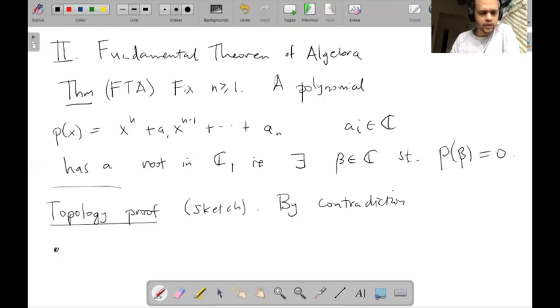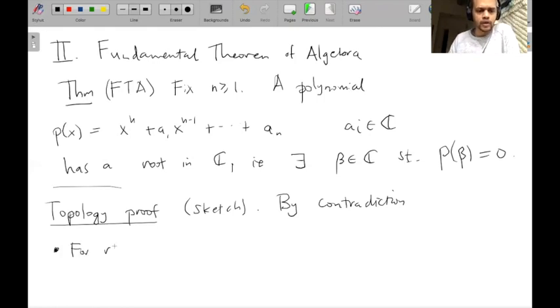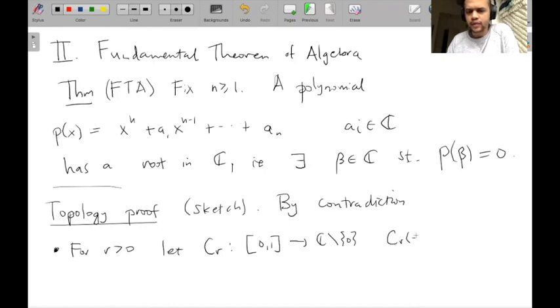All right, so to start, for r greater than 0, let's let C_R be the loop in the complex plane given by C_R of t is r e to the 2 pi i t.